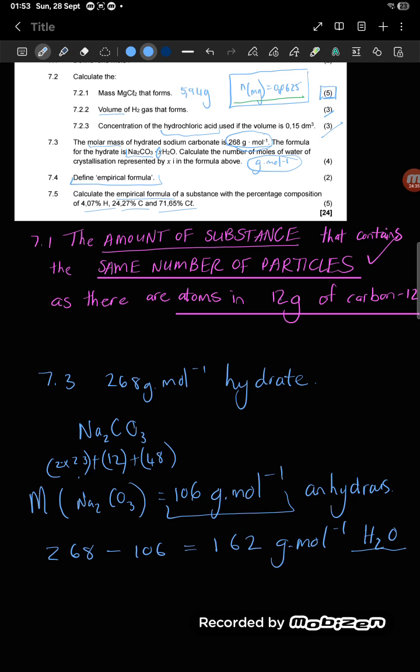Okay, so what's the real question? Calculate the number of moles of water of crystallization by X in the formula above. Okay. For water of crystallization, I've got 162. But we're not done yet. I've got 162 and I need to calculate the number of moles.